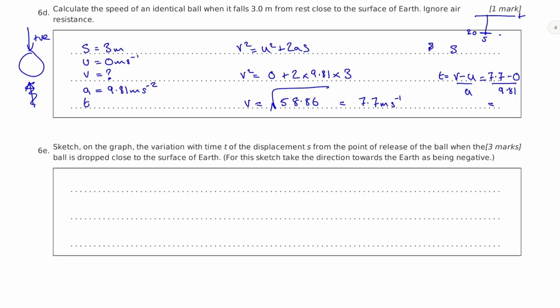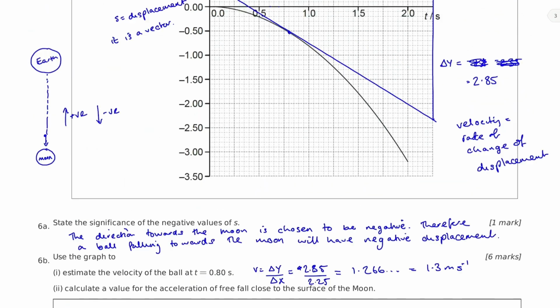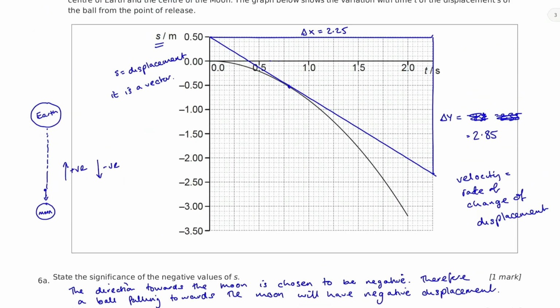Find out how long that takes. So at 0.78 seconds, it has a displacement of 3 metres. Let's go up here: 3 metres, 0.78, so that's 0.75, there.